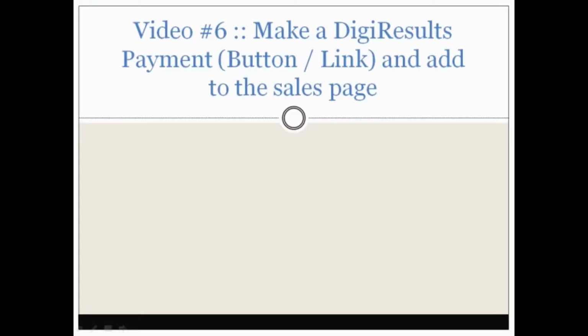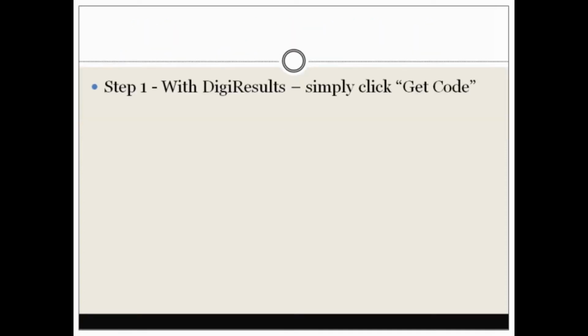Hello and welcome to video number 6. In this specific video, we're going to talk about making a DigiResults payment button and link and adding it to the sales page. So this process is really easy. It consists of step number 1. On DigiResults.com, simply click on the Get Code button. We're going to get the code. Step number 2, we're going to add the code to your sales page.